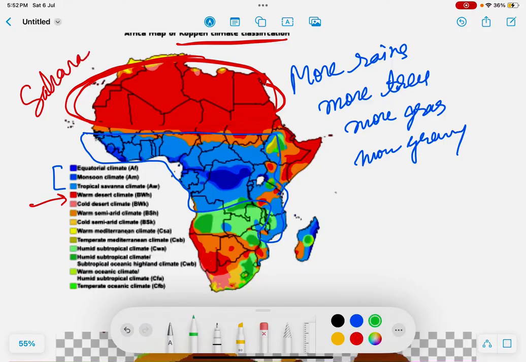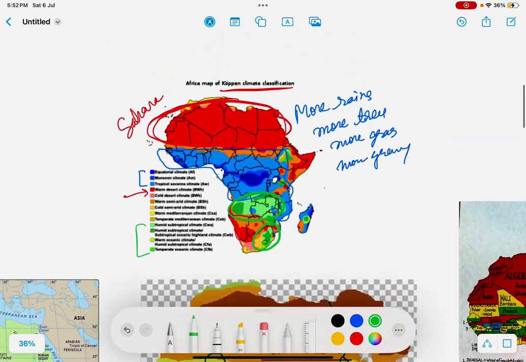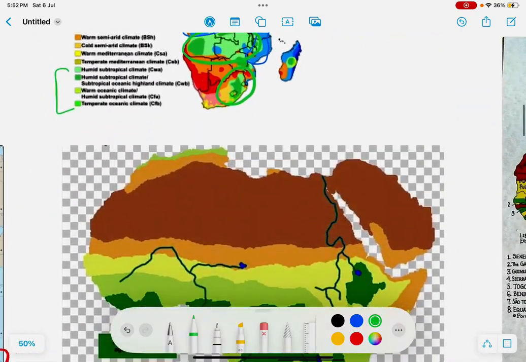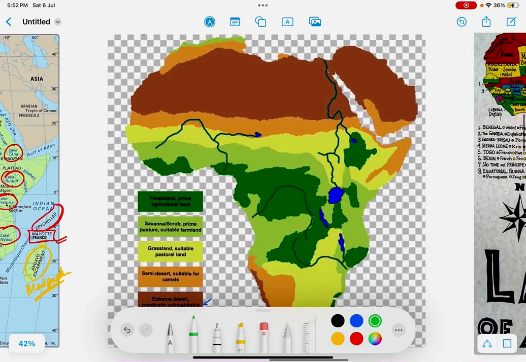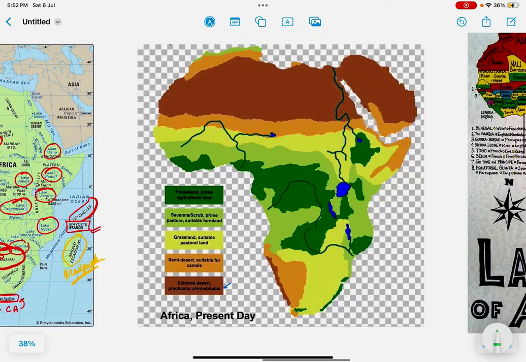Then the other regions, as we know, light green colors, this region, this part and this area, we already know about it. Alright. So if you look at this map, the climate classification, based on that you can see the distribution of trees and kind of vegetation it has.